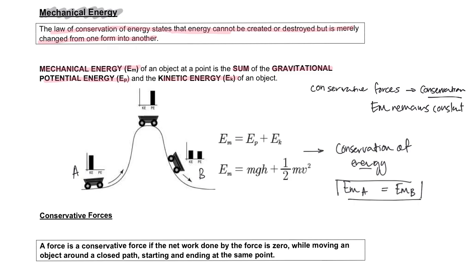So there are forces that exist in the world that will always result in conservation of energy. My other option is non-conservative forces, and those are forces that create a situation where I have no conservation. So those are the two types of forces we're going to look at, and how they affect certain systems.